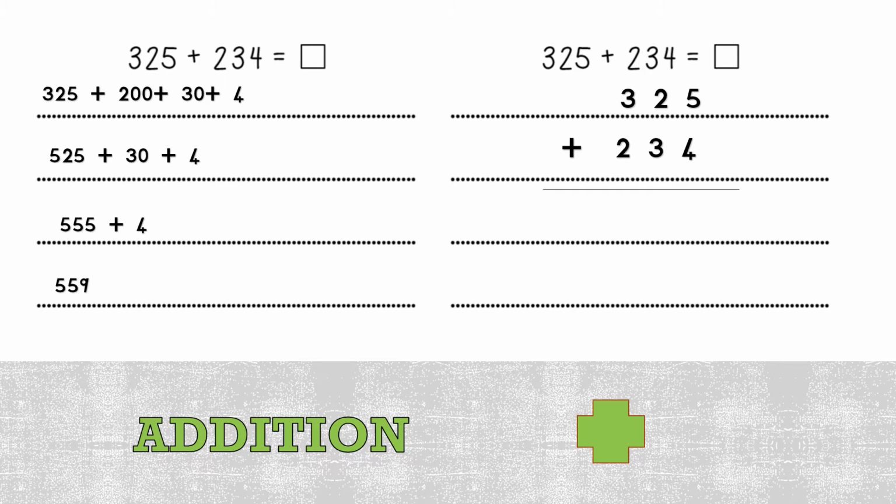What you must do, we start with plussing the units together. 5 plus 4 equals 9. 2 plus 3, our tens, that equals 5. You guys are too smart. And the last one, we must plus our hundreds together. 3 plus 2 equals 5. Can you see we have two different ways of doing addition, but in both of the options we get the same answer.